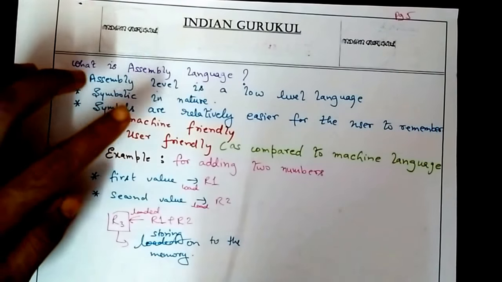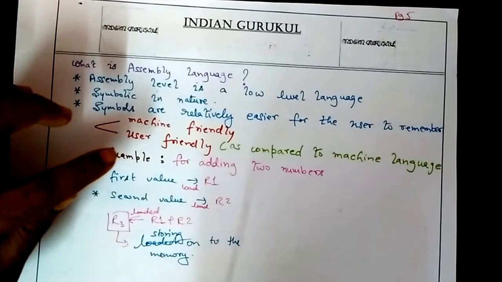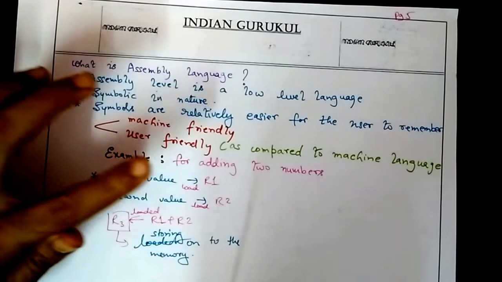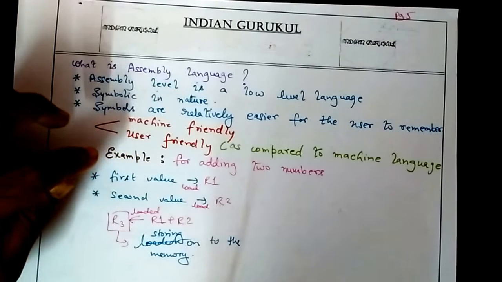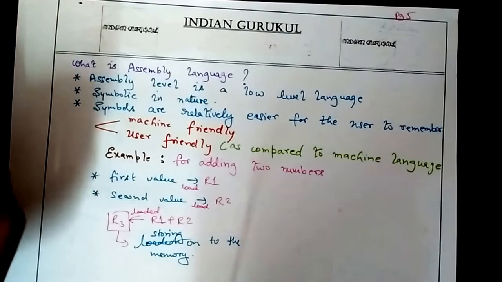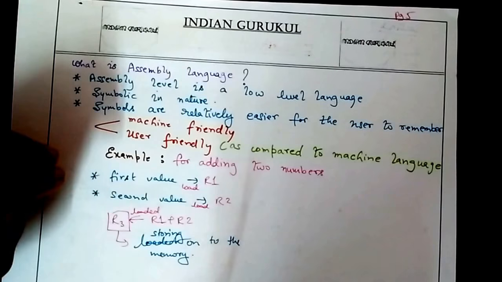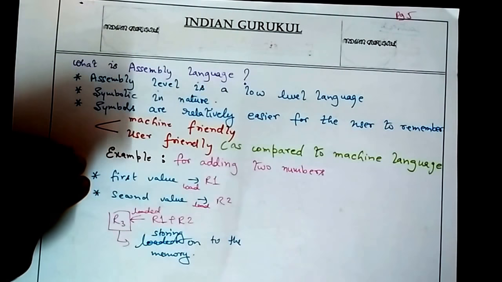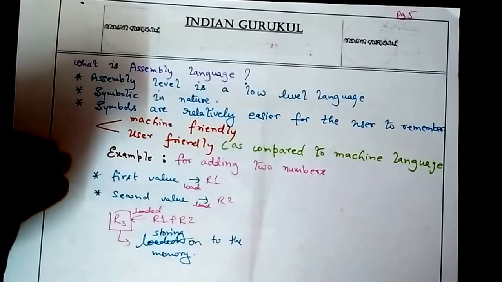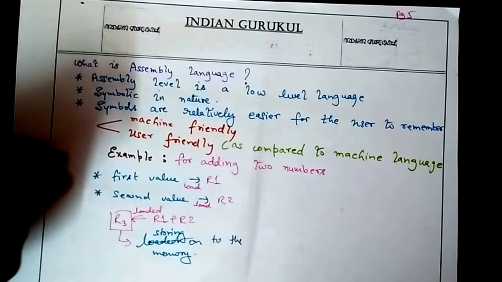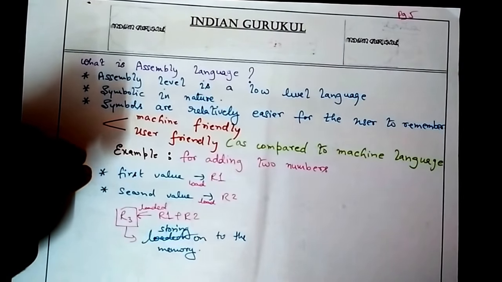So let's suppose we try to understand all these concepts with the help of an example. If we want to add two numbers, first of all we need the first number, which would be stored somewhere in permanent storage like our hard disk.